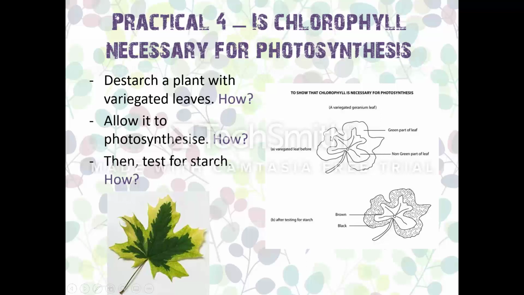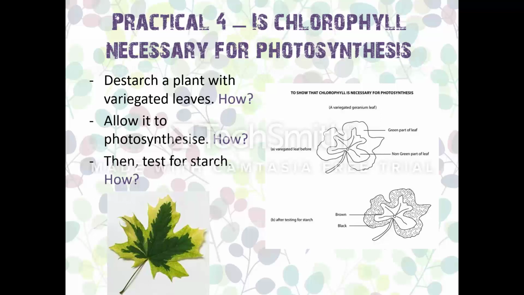The outer part where there was green, where there was chlorophyll, is going to turn blue-black. And therefore that is going to prove to me that where the green part was found, photosynthesis occurred. And so therefore we can conclude that chlorophyll is necessary for photosynthesis.